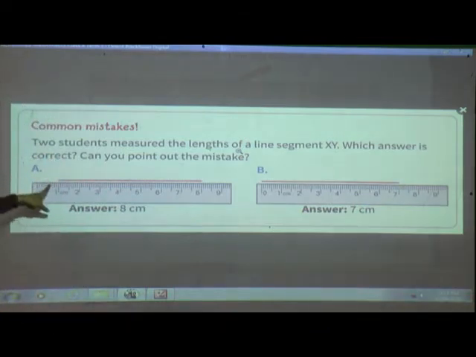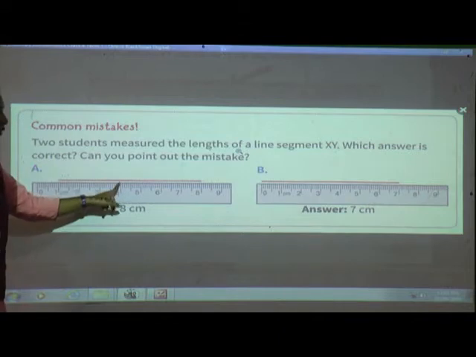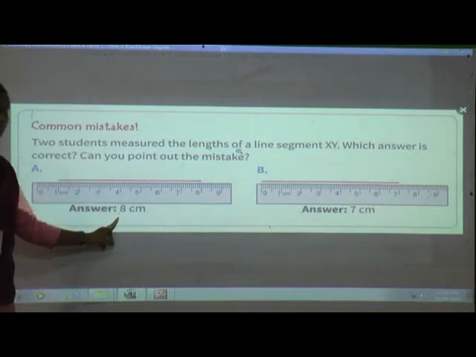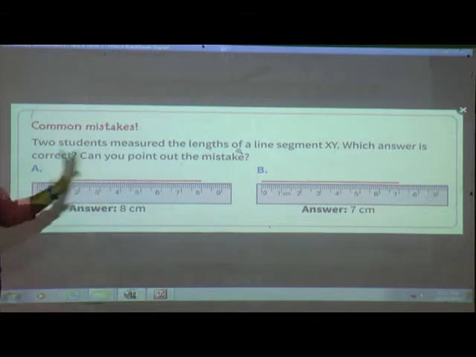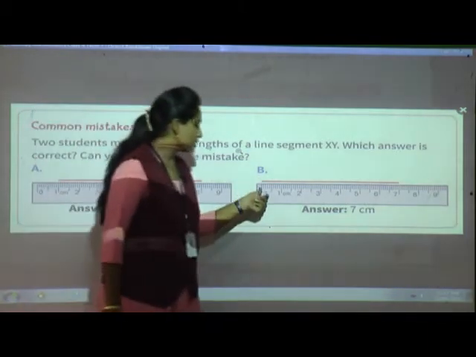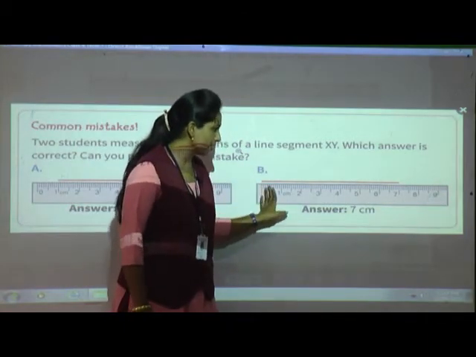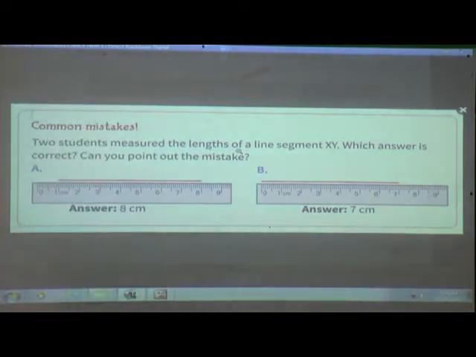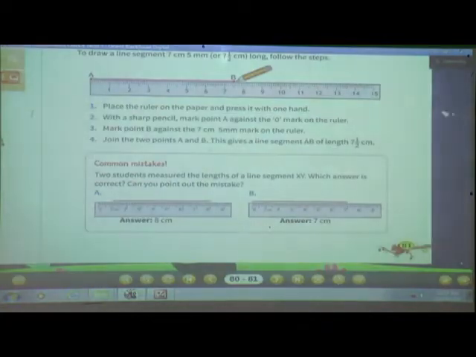But you are not going to do it this way. Once you draw like this, you again have to write, isn't it? So at that time what will you write? Line segment AB is 8 centimeter. That is wrong. You should start from 0. Keep in your mind always. Start from 0. So the B student has drawn correctly. Okay. So don't make this mistake. Understood? Yes. Now we'll move to the next point.